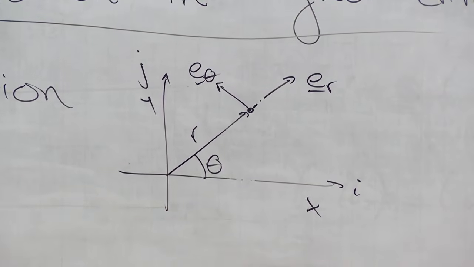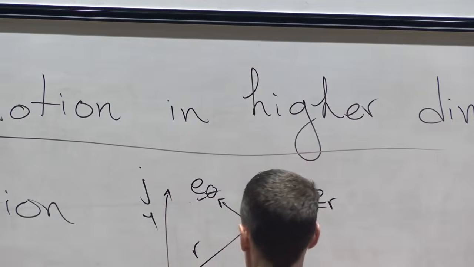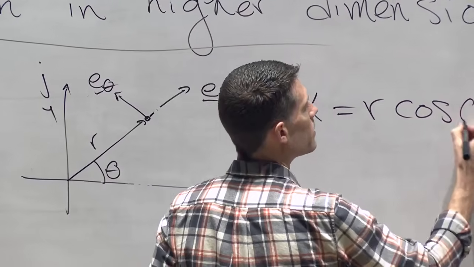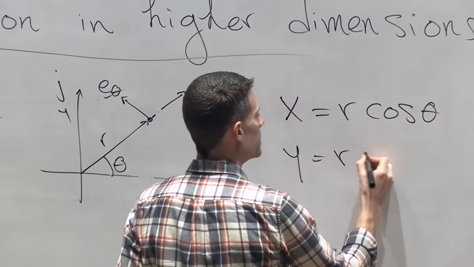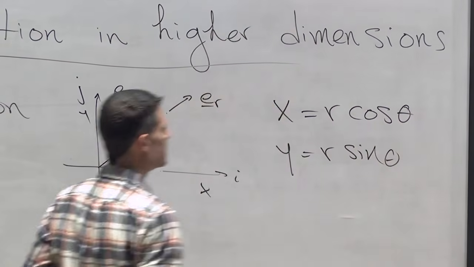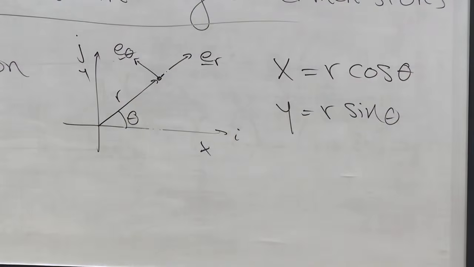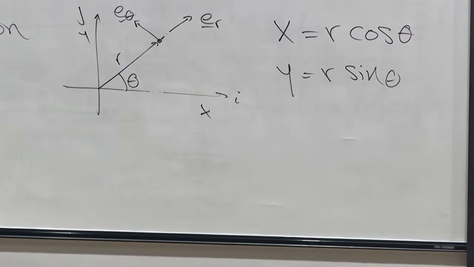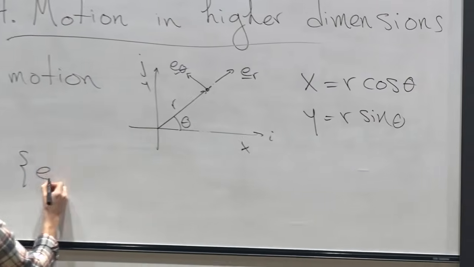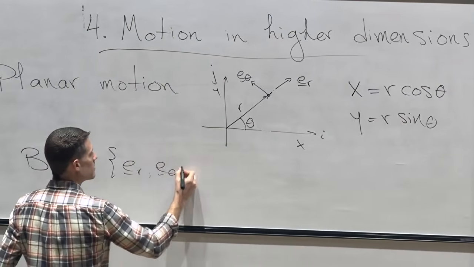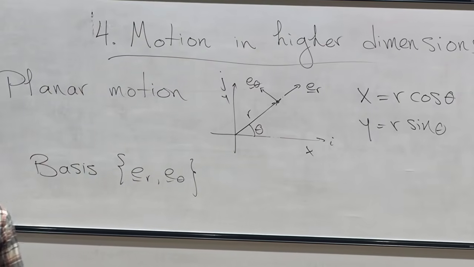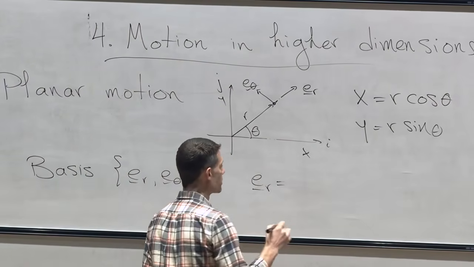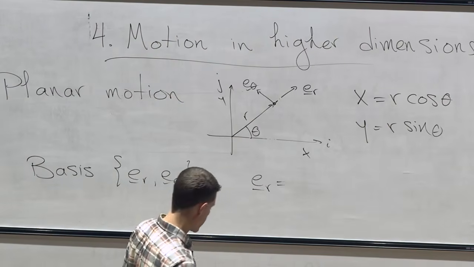So our polar coordinates relate to Cartesian coordinates via x is r cos theta, y is r sin theta, and our polar basis e_r, e_theta is defined by e_r is the vector cos theta, sin theta.